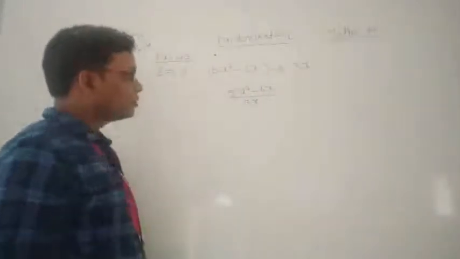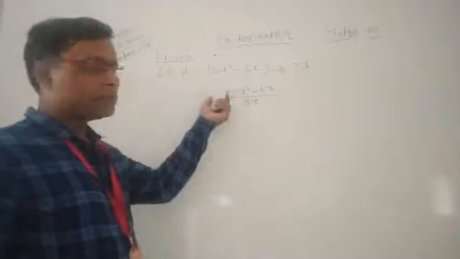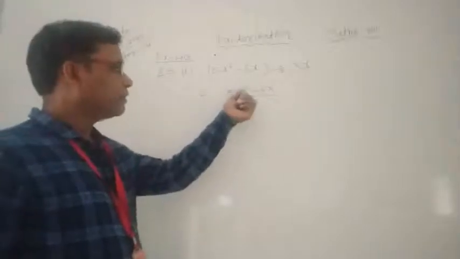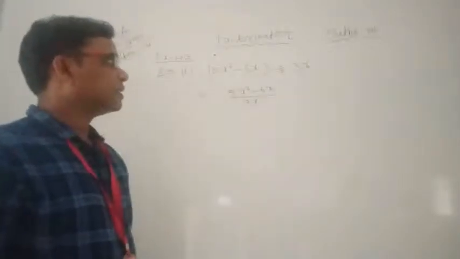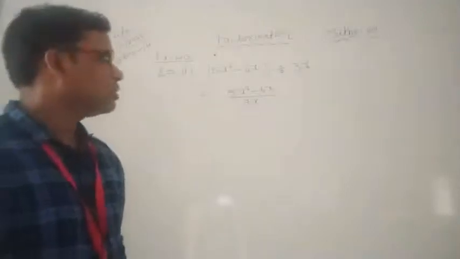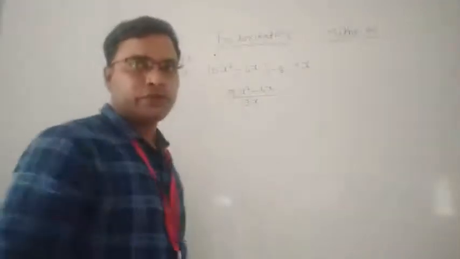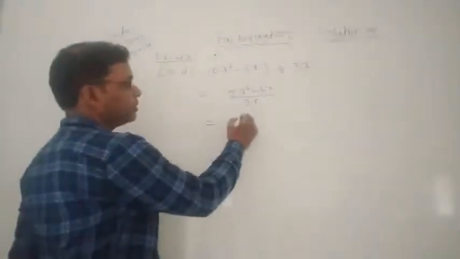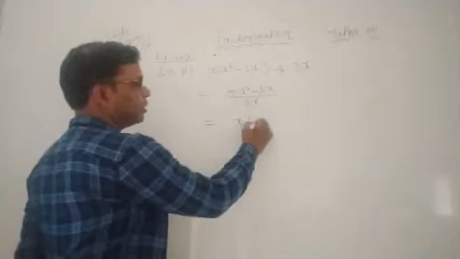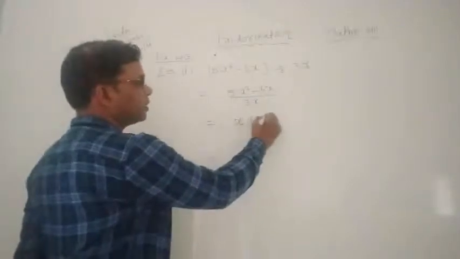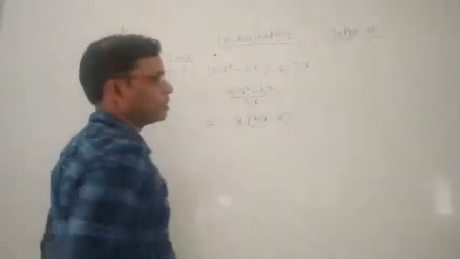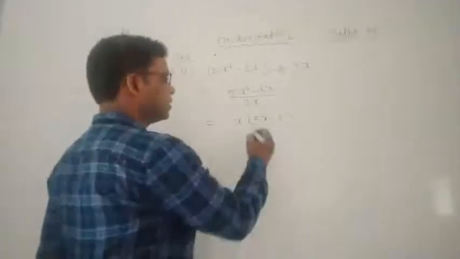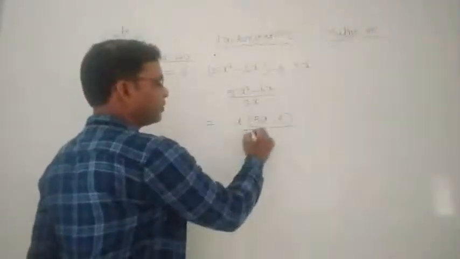What is common between both terms, 5x square minus 6x? Obviously x is common. So you take x common, and you get x into 5x minus 6. Clear?